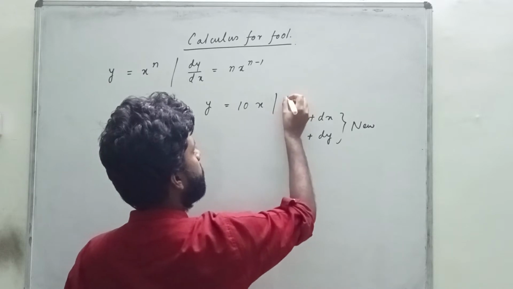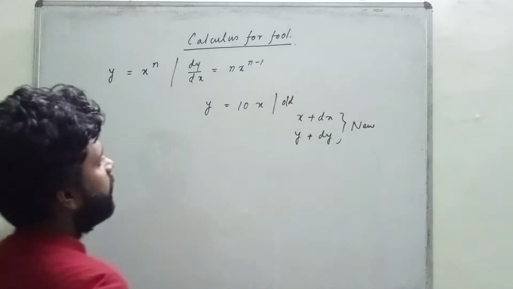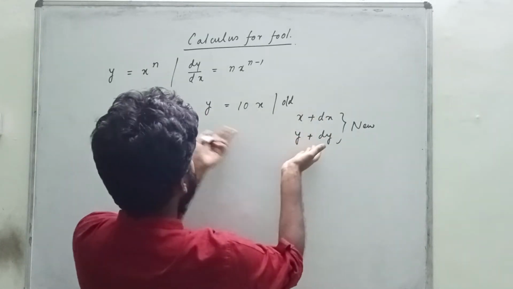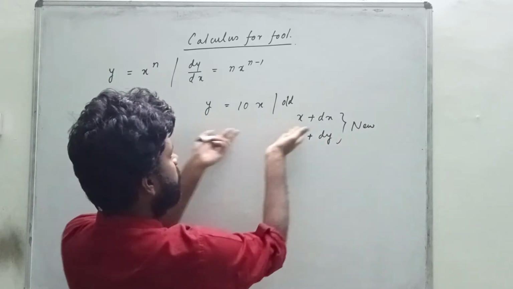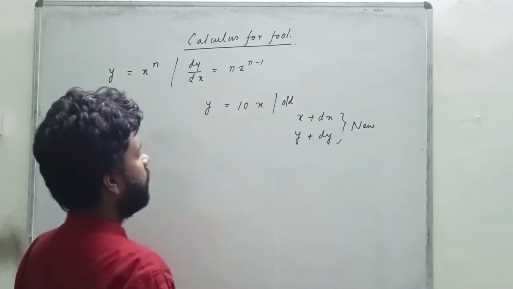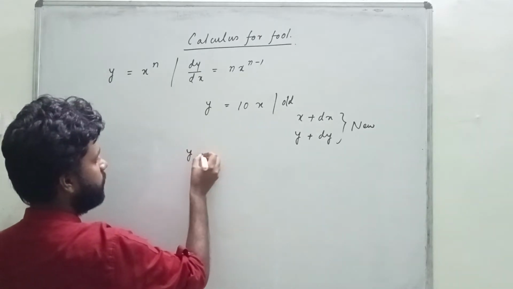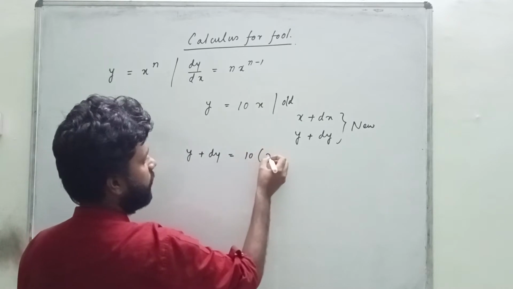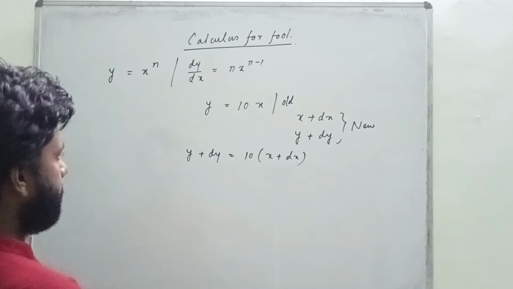Now, if you just plug it in here, instead of y, write y plus dy, and instead of x, write x plus dx. Then the new equation becomes y plus dy equals 10 times x plus dx, right? Okay.